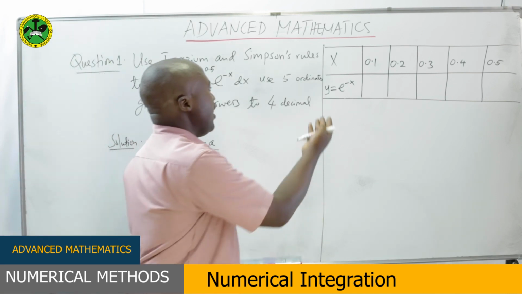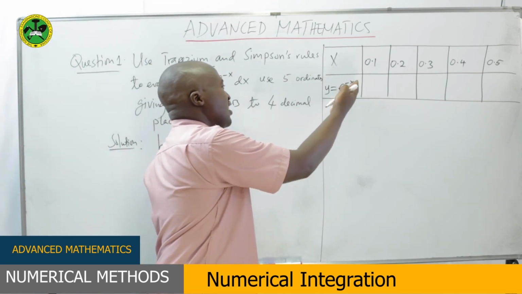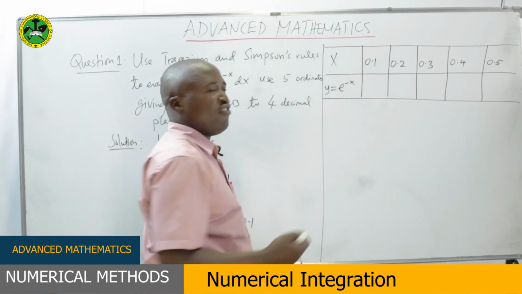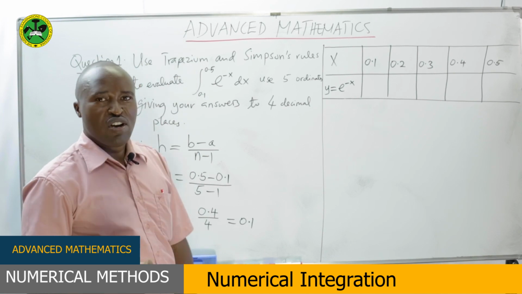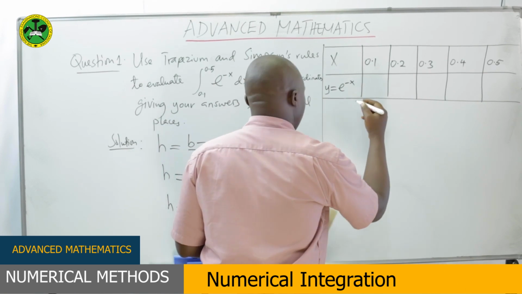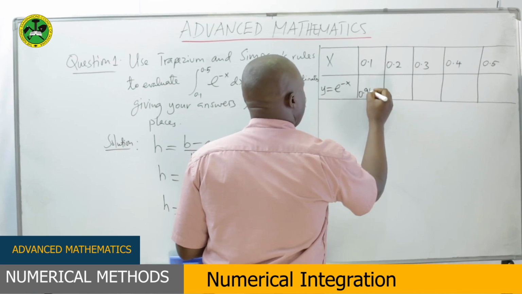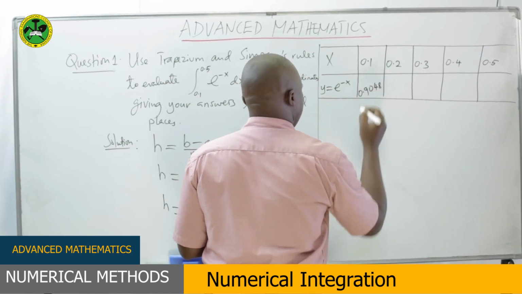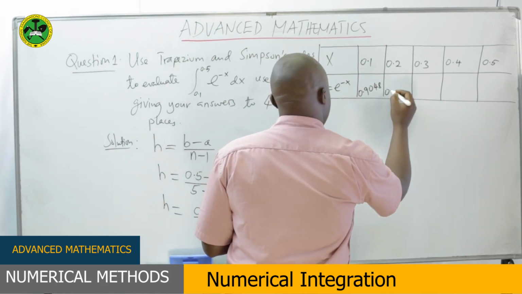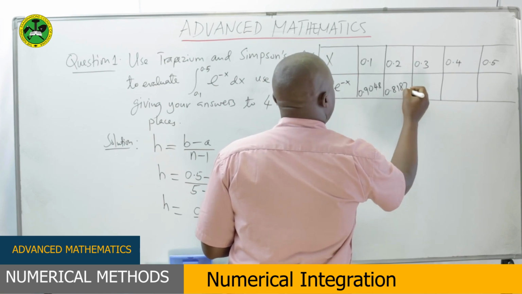So now we can find the value of y by using our function, e raised to negative x. We just substitute the value of x in our function. In this case, we are going to have the following result. For 0.1, that will be 0.9048. Again, for 0.2, we have 0.8187.